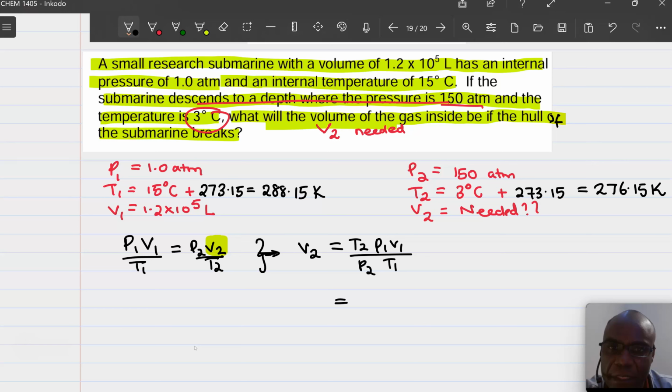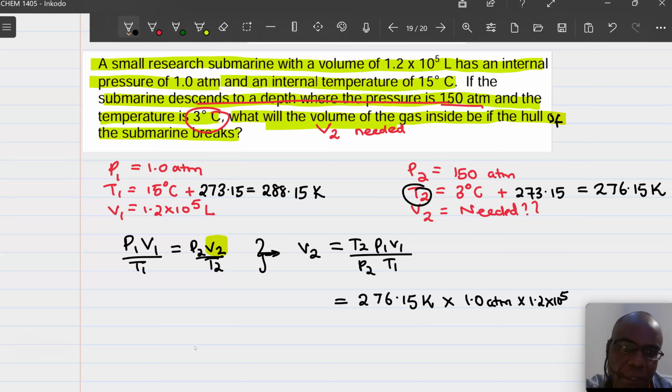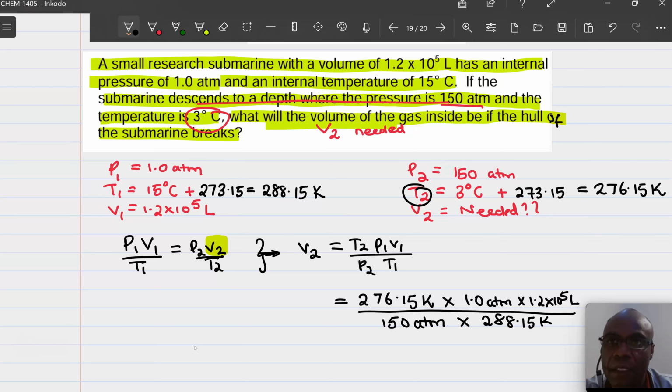And then our T2 is supposed to be 276.15 Kelvin. And then our P1 is 1 atm. And then our initial volume is 1.2 times 10 to the power 5 liters. All this is being divided by P2 T1. P2 is 150 atm. And then T1 is 288.15 Kelvin. Doing so, you cancel out the common units.